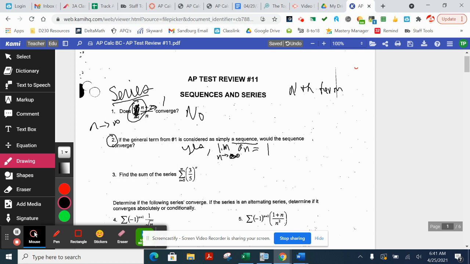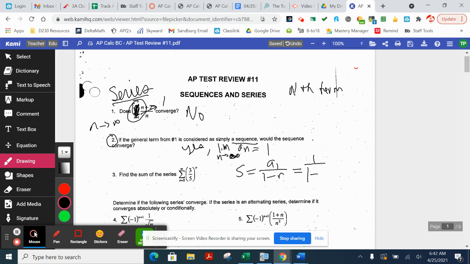We then got into the next section, finding the sum of a series if it was geometric. Geometric is when we have a base that's a constant raised to a variable, very much like this one. We can find the sum of a geometric series with this idea: the first term divided by 1 minus your ratio. Since we're starting at an n value of 0, if I let n be 0, this would all get raised to the 0 power, so my first term would end up being 1.